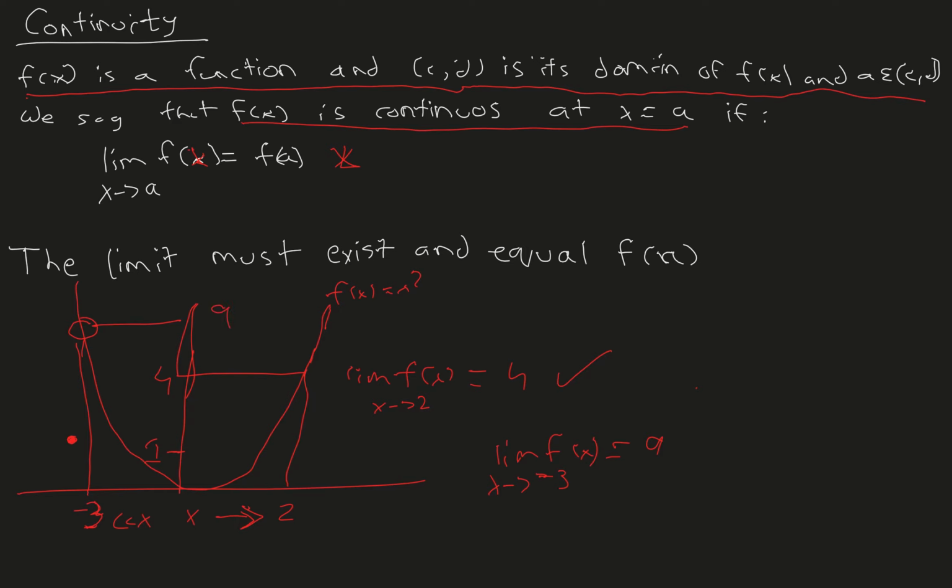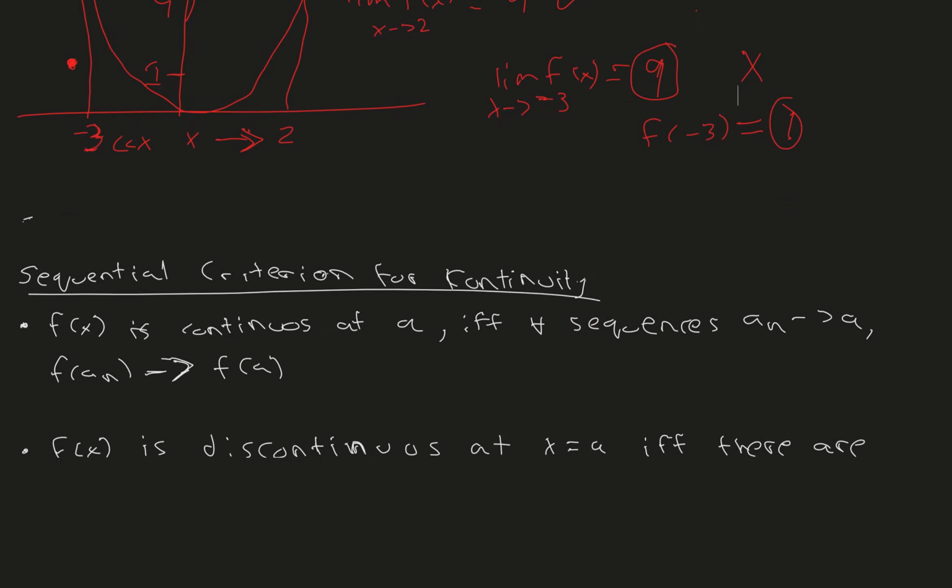But we know in this weird function that f of negative 3, which is f of a, is 1. So 9 is not equal to 1. Therefore, this function is discontinuous at negative 3. So that's what continuity means in a nutshell.